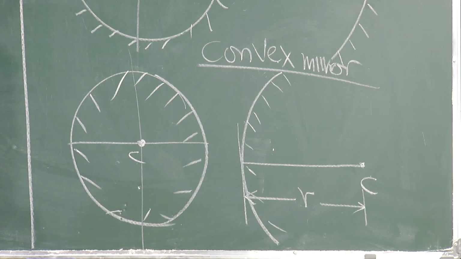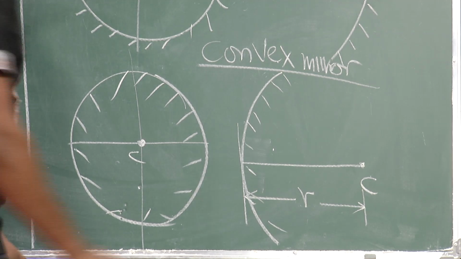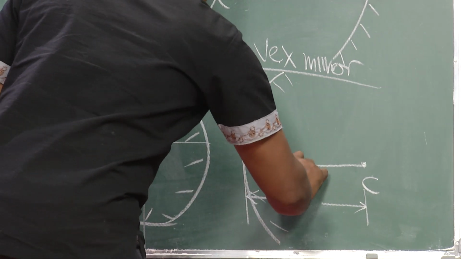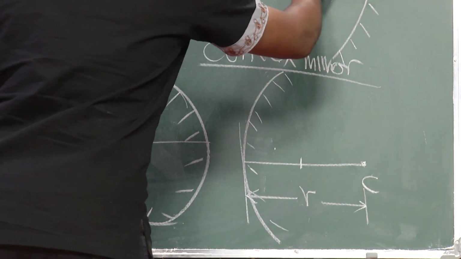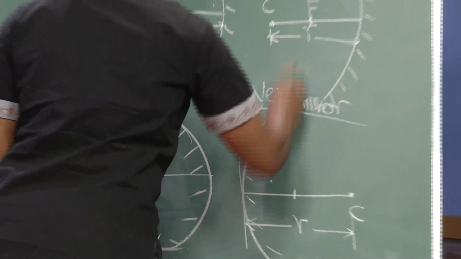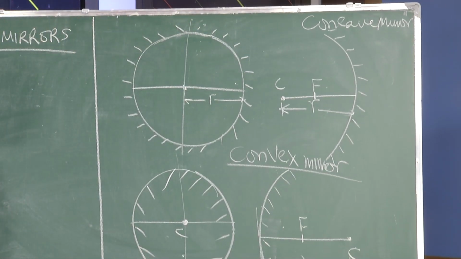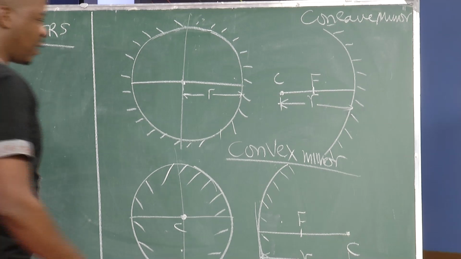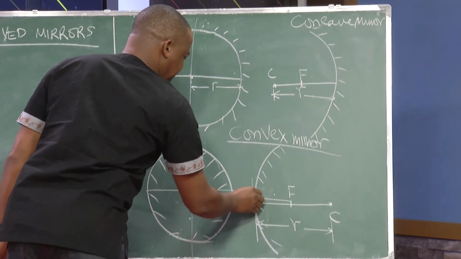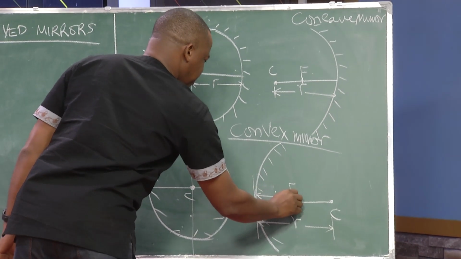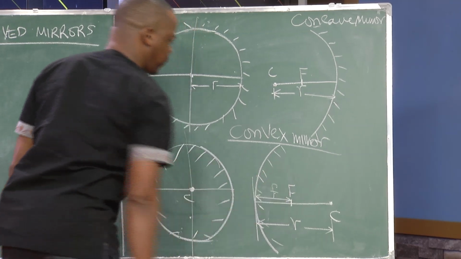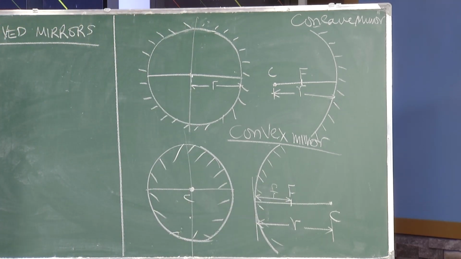We shall later discover that half the distance of R for either type will generate another important point that we shall call the principal focus, and that distance will be denoted by a small letter f, and we shall call it focal length.